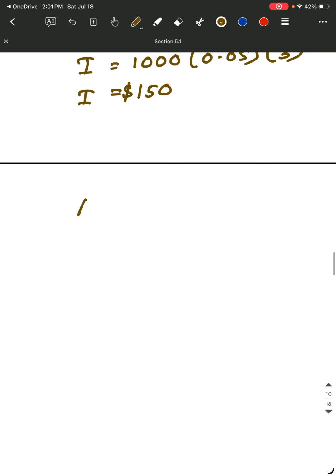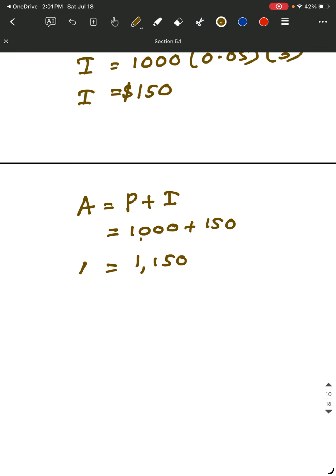Now compute the accumulated amount A. The accumulated amount is P plus I, the principal amount $1,000 plus interest earned $150. So $1,150 accumulated amount.